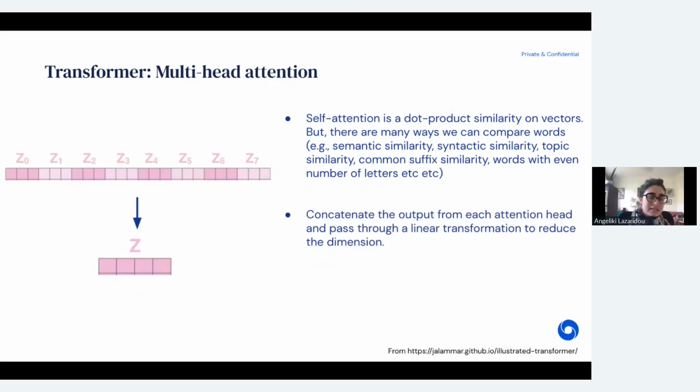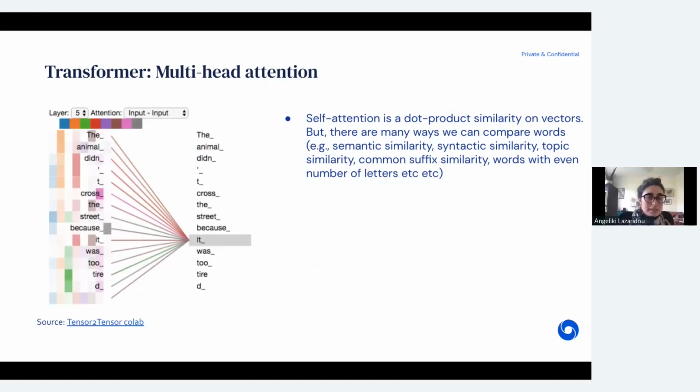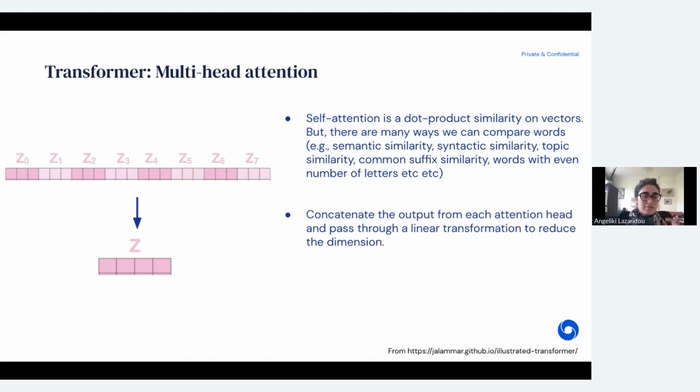What this practically means is that the same operation is repeated in different ways in the network. So we don't just derive for every word one query, key, value set of vectors, but we derive a number of those. At the end of the day, instead of a single output, we have one output vector for each of these, what we call attention heads, which we then concatenate together and feed to a linear transformation so that we get a single vector out.